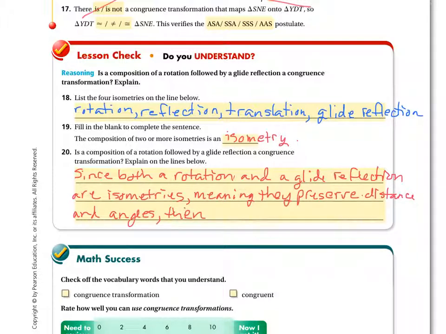Then they are a congruence transformation.